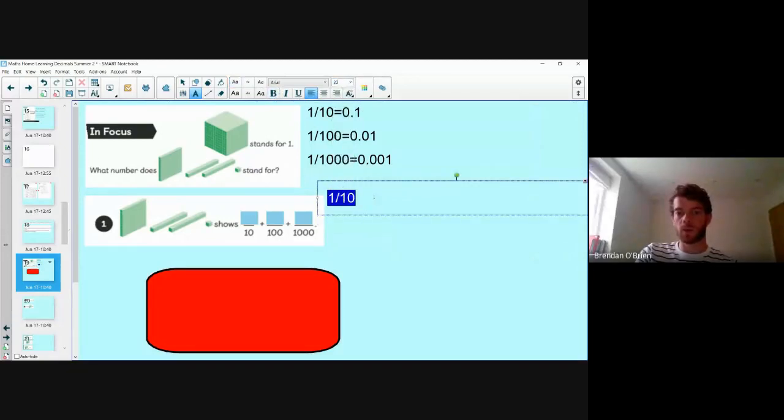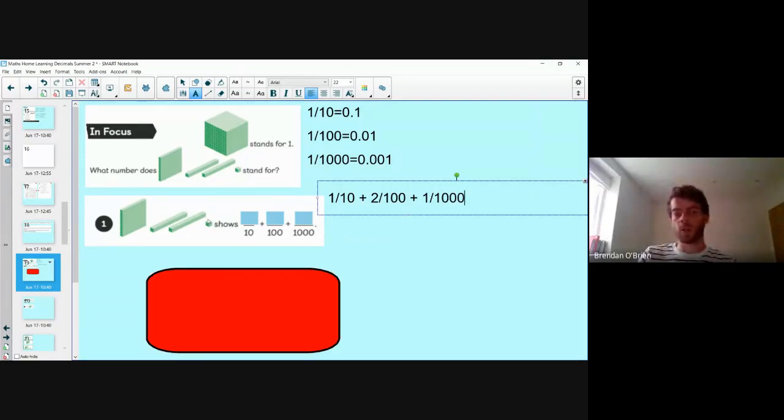Here we go. I've got 2 hundredths because I've got 2 of these long ones. And I've got 1 thousandth because I've just got one of the small ones.